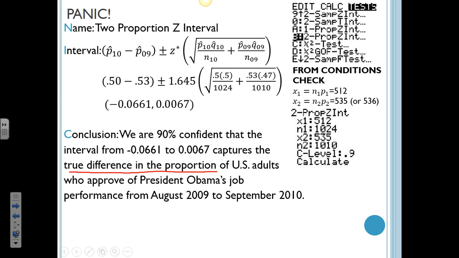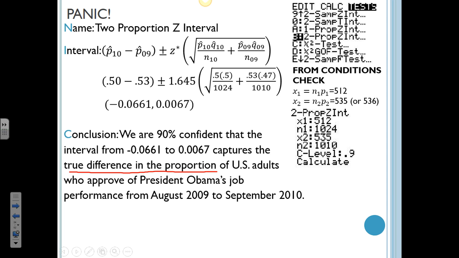If it's not within, what is it? Because what did we do to these? We subtracted them, correct? True difference. Okay. So how do we know there is a difference?